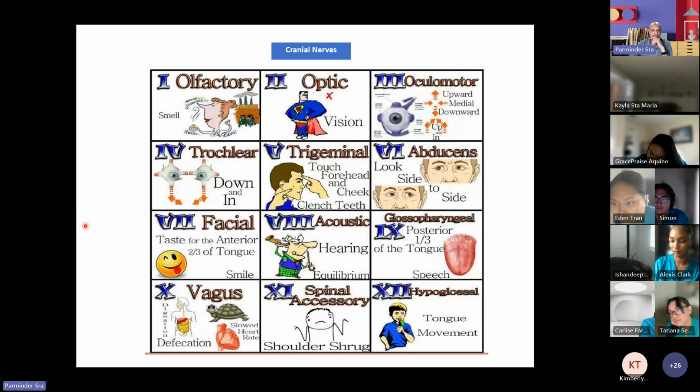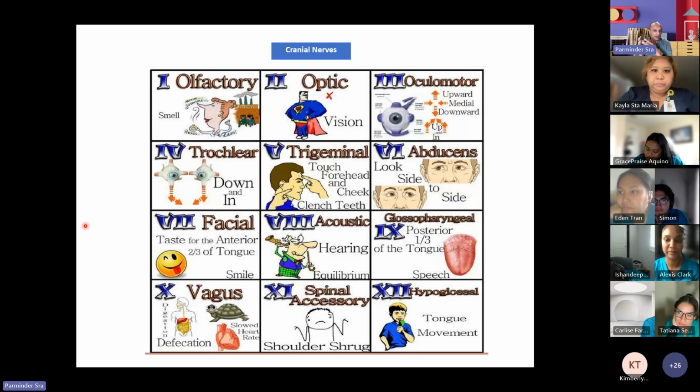And then your trigeminal, which is your cranial nerve 5. This is the sensation to the face and controls muscles of mastication, or in simple words, chewing. Somebody who has trigeminal neuralgia can have severe facial pain along the nerve distribution around this area.